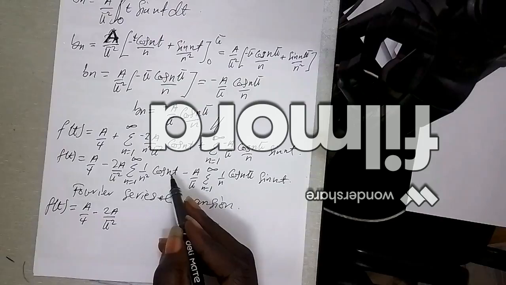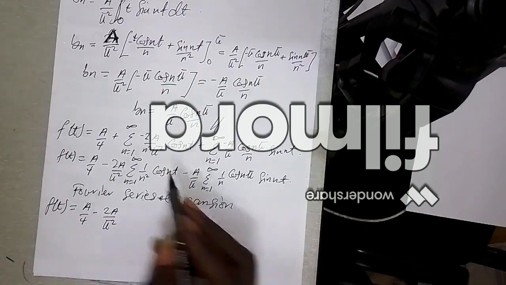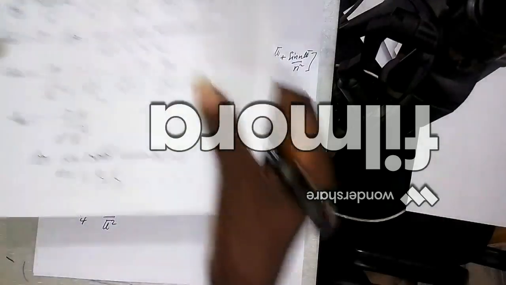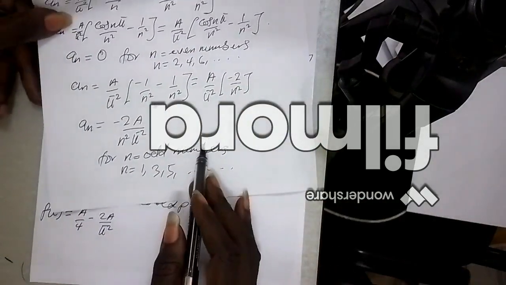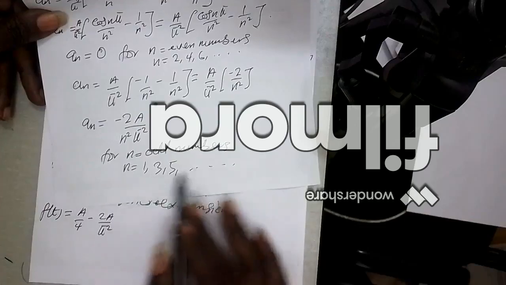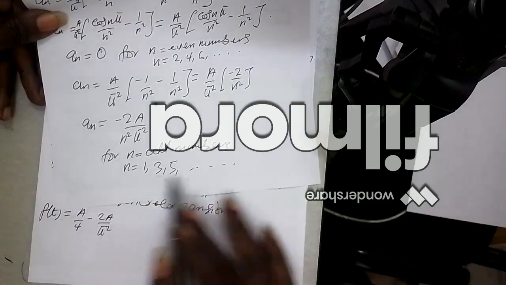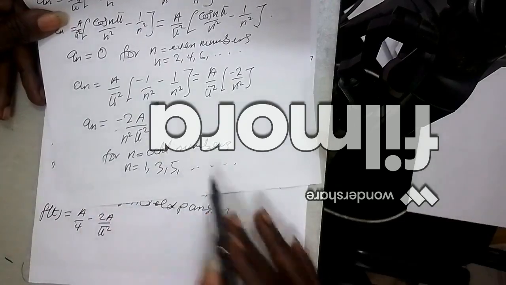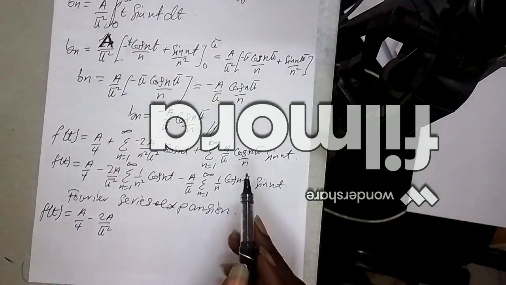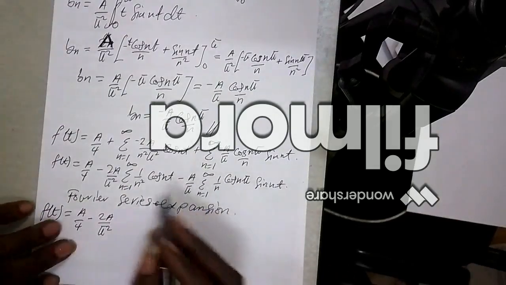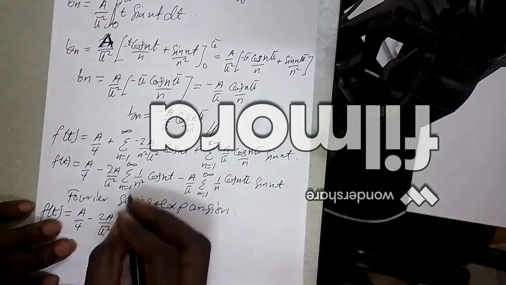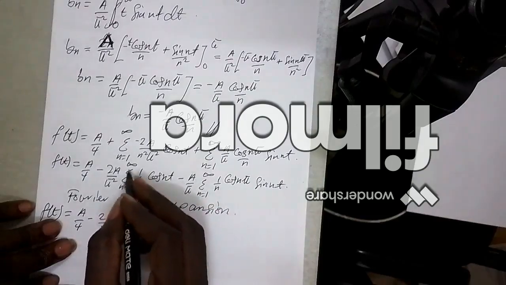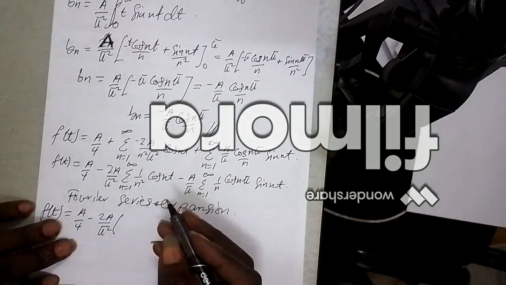Let's try and get that sheet that we worked on again. So this is the sheet that we worked on. You see that this one was defined for only odd functions, the an. So now I'll put only the odd functions inside. I'll not bring the summation again because now I'm doing the expansion.